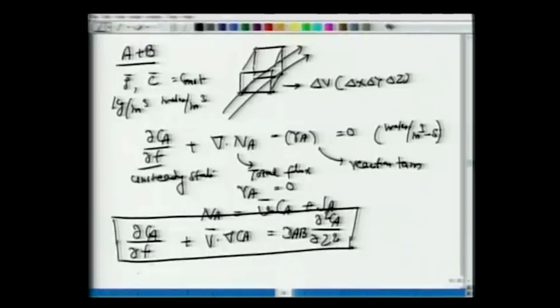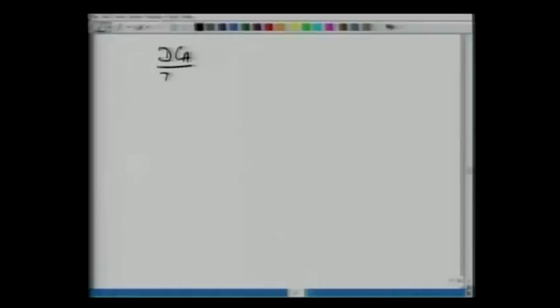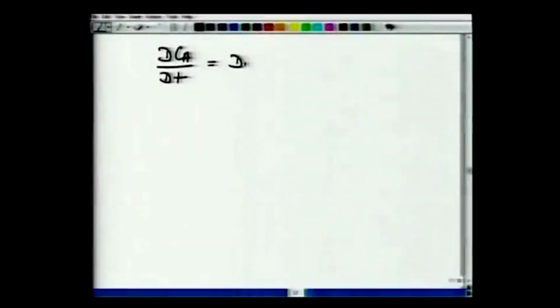The first term is the unsteady state term, the second term is the transport by convection, by bulk transport, and this term is your molecular diffusion term. This is the change in concentration as observed by a stationary observer. But if the observer also moves with the bulk transport or with the average molar velocity, the same equation is written as D C_A over D t equals D_AB del square C_A over del z square, where we have a substantial derivative.